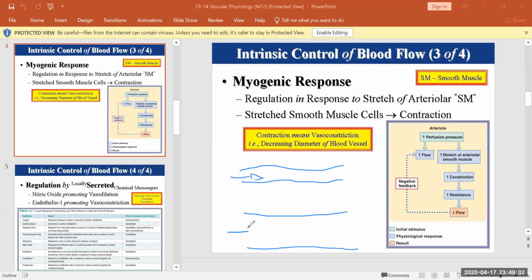Blood flows through here. Now, those two blood vessels have different diameter. The top blood vessel, the diameter is smaller. And the bottom blood vessel, the diameter obviously is larger, right?